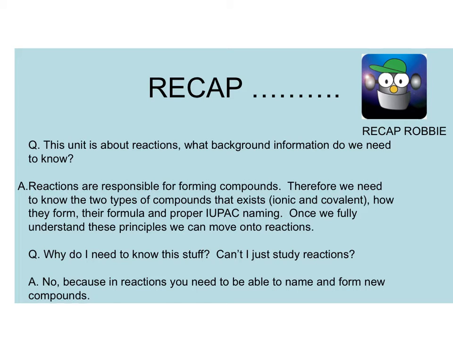We need to know all those things before we get into reactions, because reactions is stepping up our game and getting into more advanced chemistry. We are going to be using all of that prior knowledge, so it's important that we understand at least ionics and covalents before we go through this.